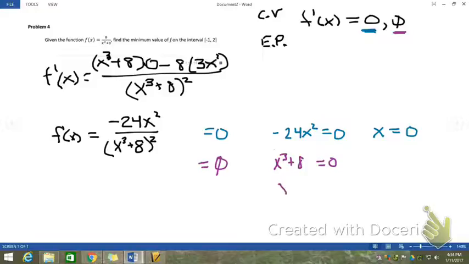That's going to be x cubed equals negative 8. Which if I cube root both sides, what cubed would make negative 8? I'll show you that, just so we realize that it's happening. We're going to get x equals negative 2. Which I don't care about because that's not even in the interval in question.